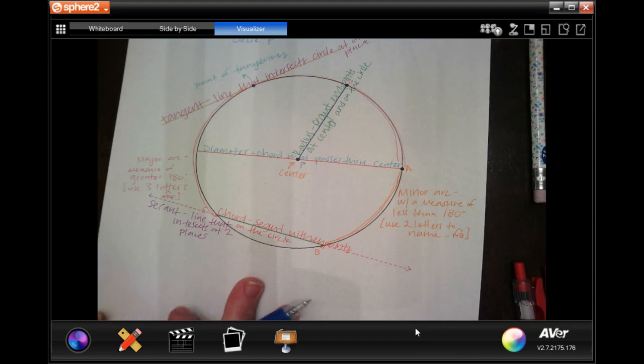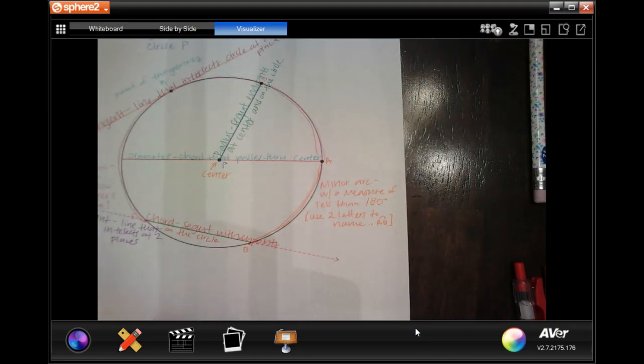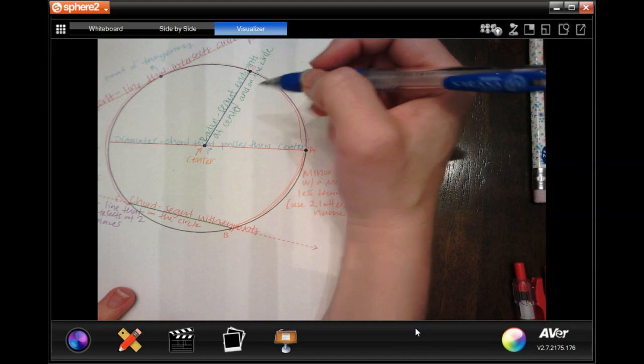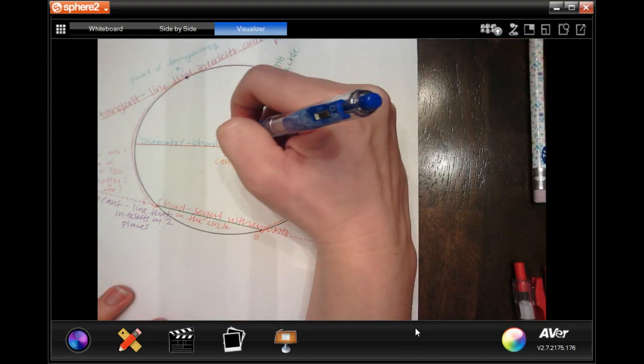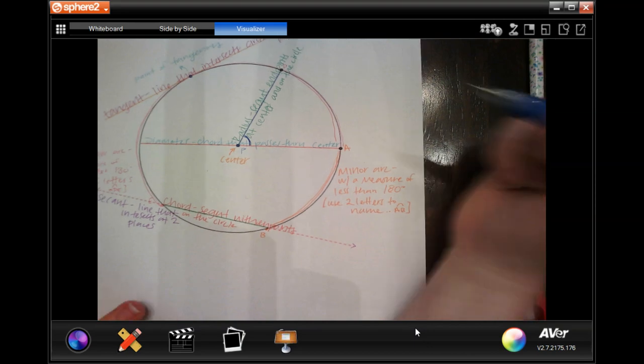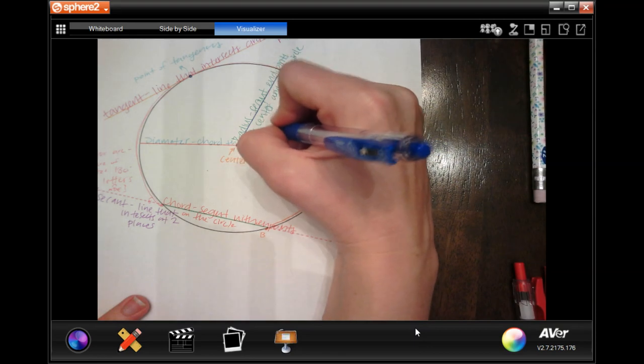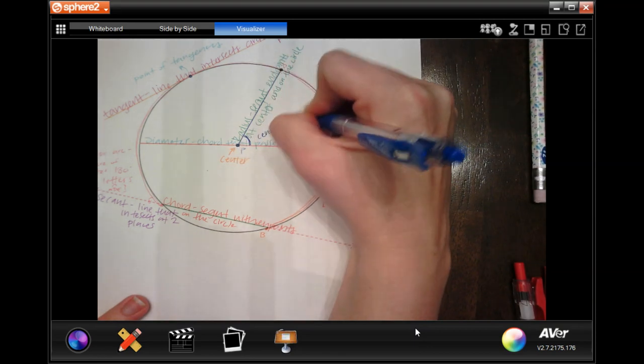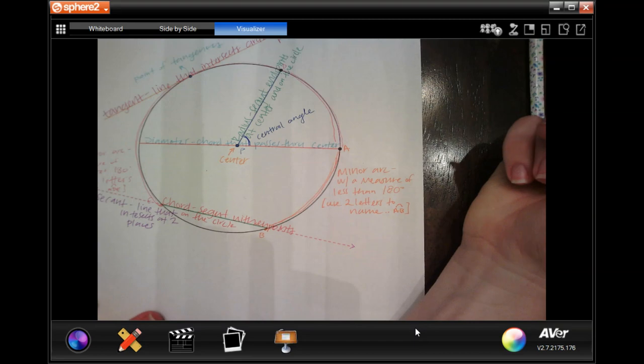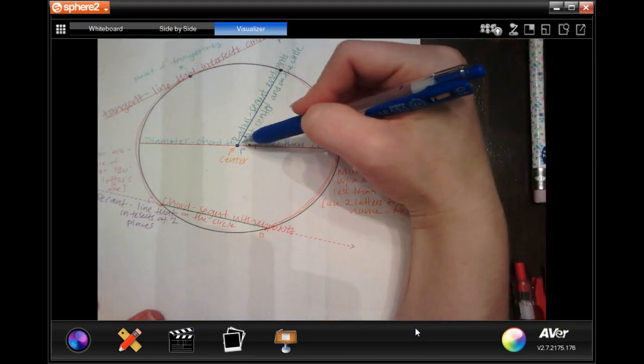All right. One more thing we're going to end up talking about is our angles. So an angle here is called a central angle. And this is called a central angle because where is this?